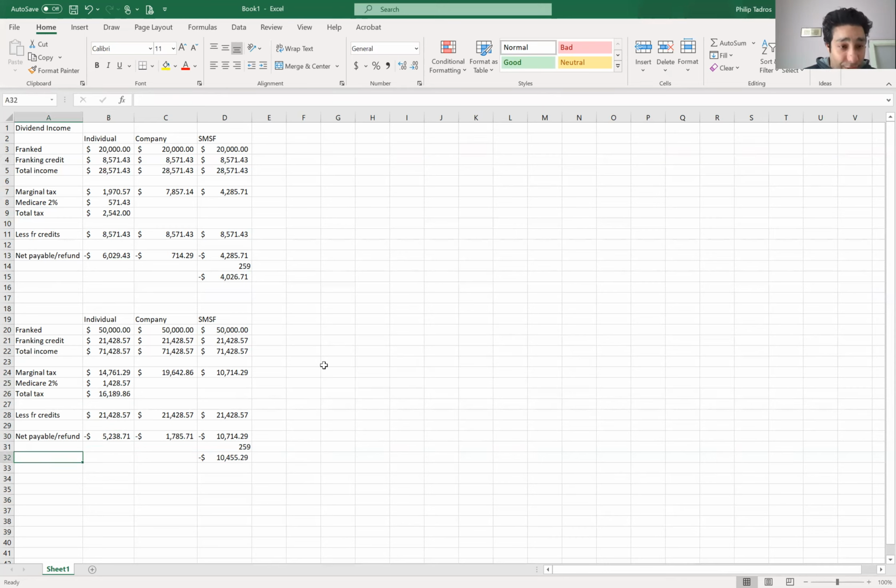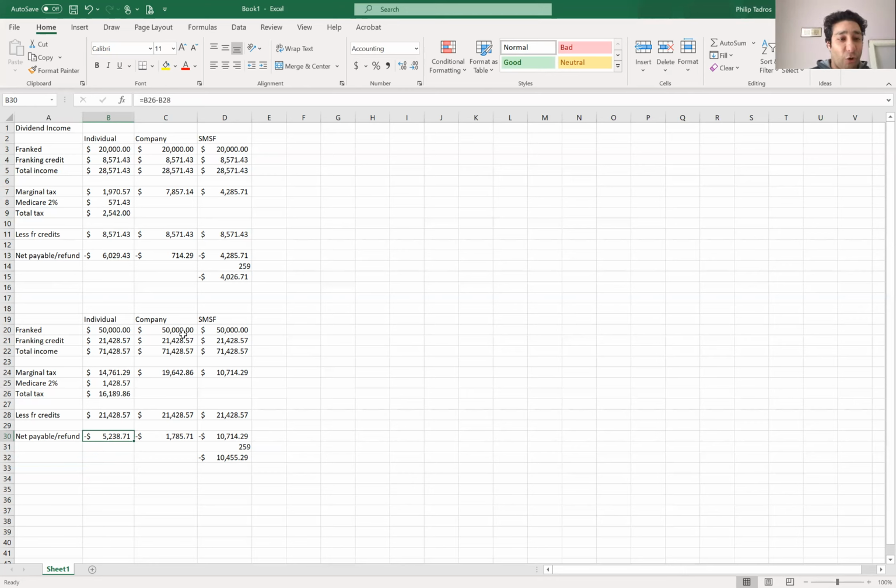Now, in this case, you can also qualify for a low and middle income offset of a maximum of $1,080 because your income is between $48,000 and $90,000 or something like that. So you can use $1,080. That way your refund will increase in your individual tax return.